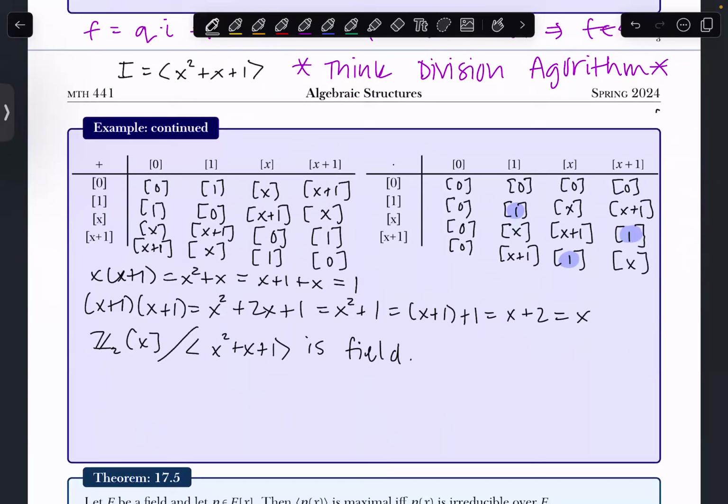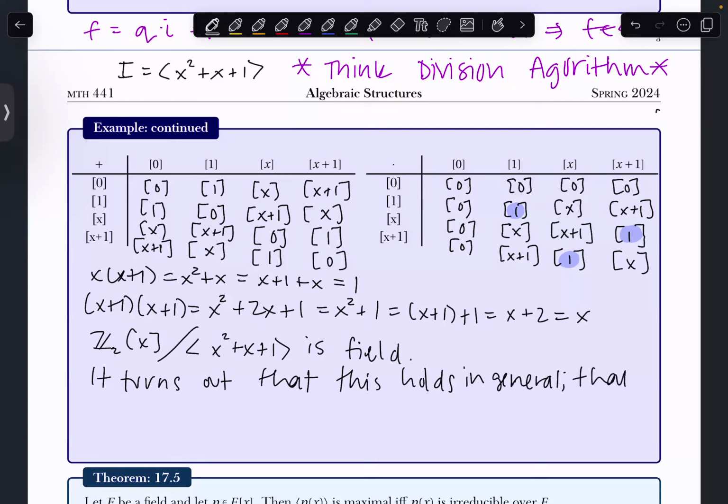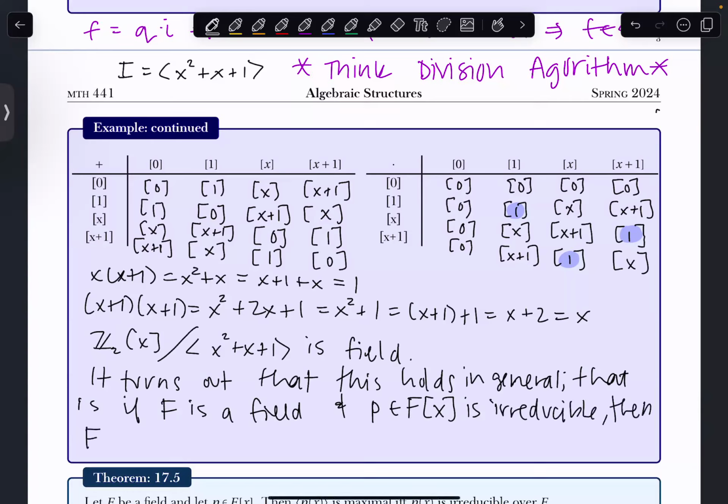So here, it turns out that this holds in general, which is really saying if we have F a field and P is a polynomial where the coefficients come from F is irreducible, then we know if we look at this quotient ring, it's always going to give us a field back out.